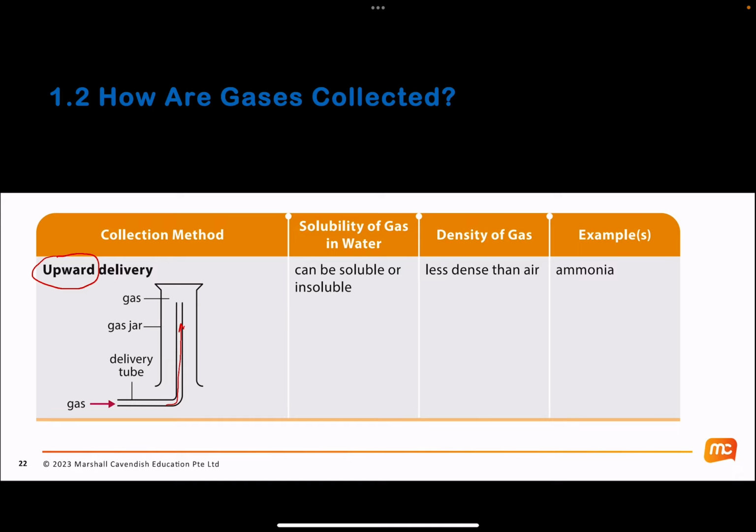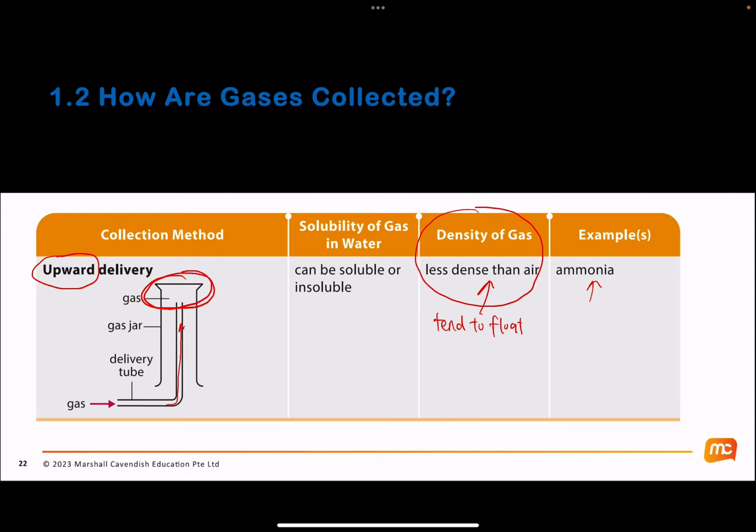The gas will tend to float, and therefore hover around this region. That's what upward delivery is all about. Such a gas is ammonia. Likewise, do not worry about it. For now, we will tell you how heavy the gas is, so you need not be worried. Solubility is not important in this case. So density is the determining factor for why we use upward delivery.